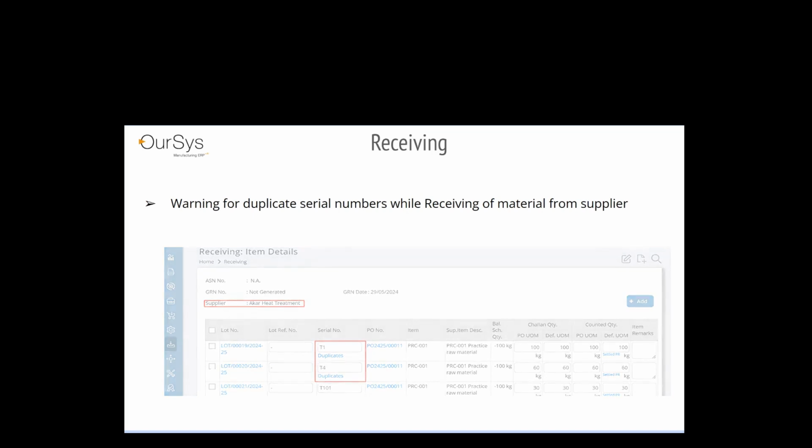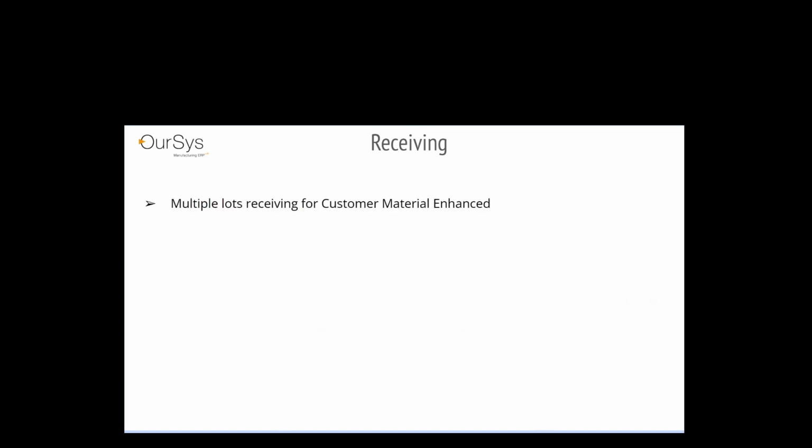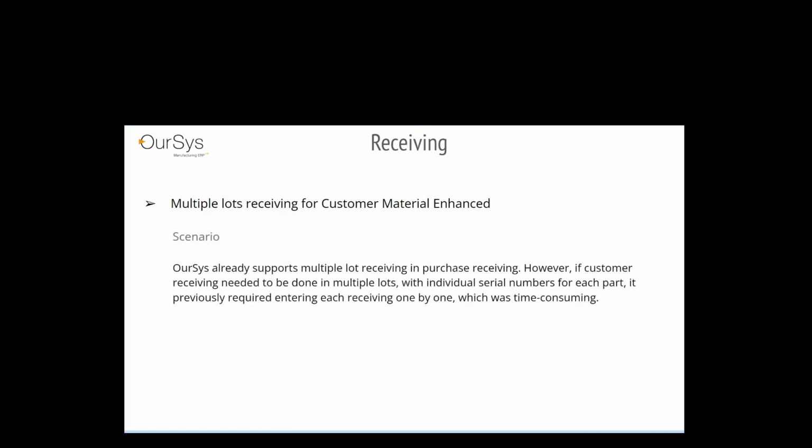Then moving to the next provision, multiple lot receiving for customer material enhanced. In overseas, there is already a feature to receive goods in multiple lots for purchase receiving.